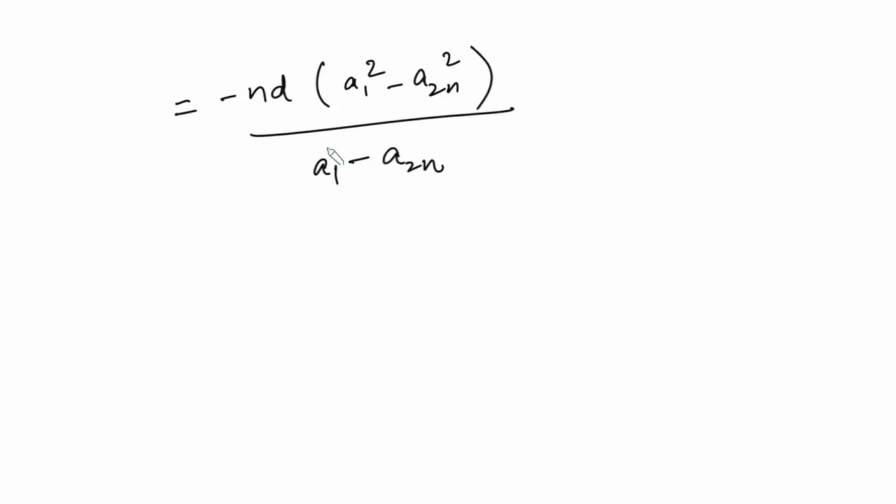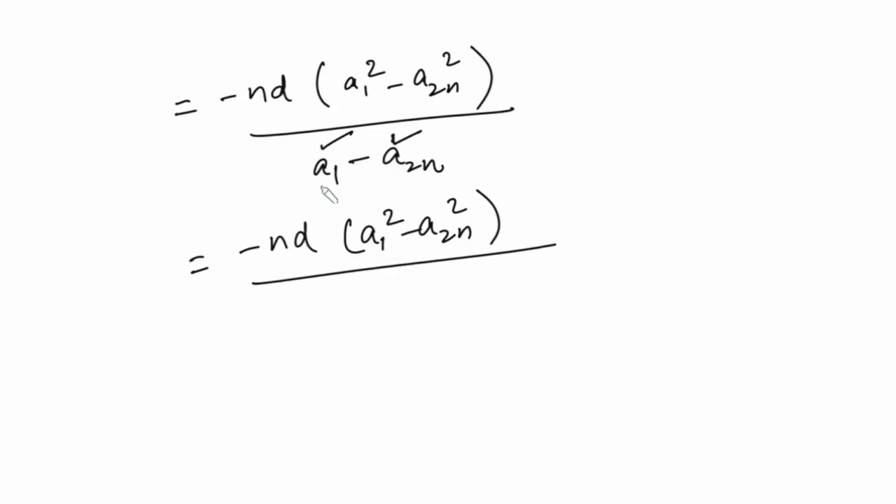And now we can replace a2n with the general term formula. So negative nd times a1 square minus a2n square divided by a1 minus a1 plus 2n minus 1 times d.